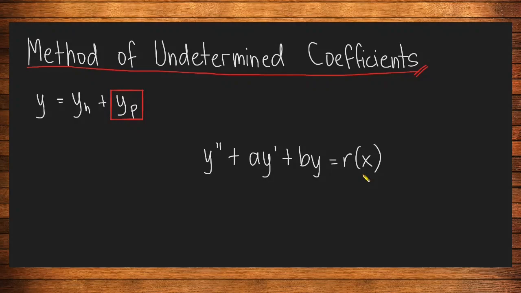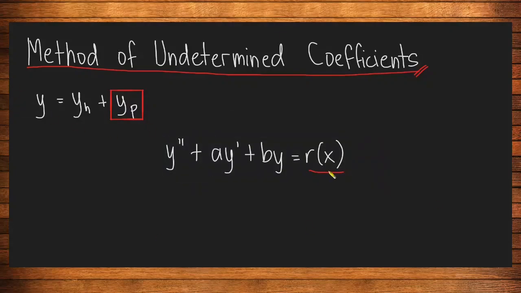This method will be very useful in cases where our r of x is an exponential function, a power of x, a cosine or sine, or sum or products of these functions. So, kahit combination ng mga functions na to. Now, these functions are special because their derivatives have a form similar to r of x itself.